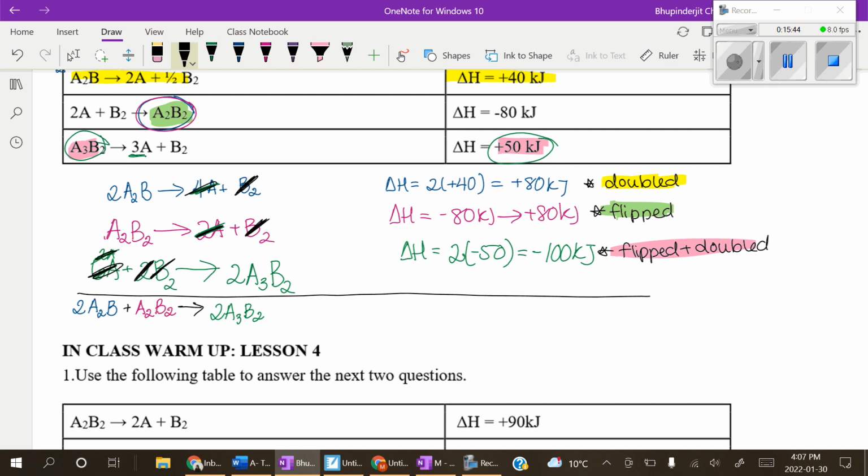The last thing I need to do is add up my delta H's. So my delta H is equal to 80 plus 80 minus 100, which gives me plus 60 kilojoules for this reaction. This is my final reaction.